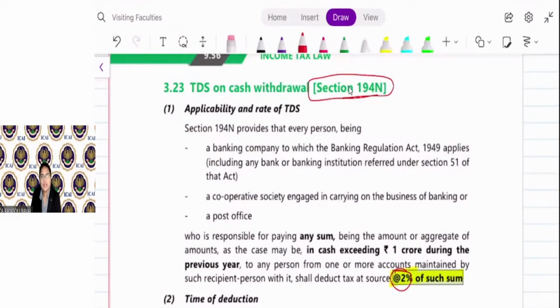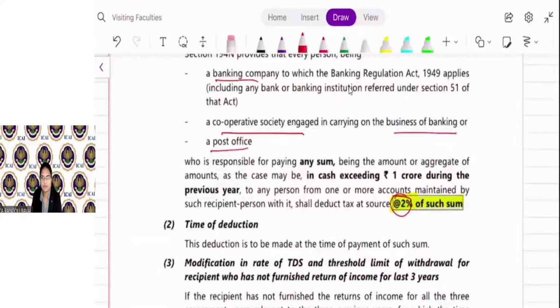Section 194N provides that every person being, here the payer is a banking company, cooperative society engaged in the business of banking, or post office, who is responsible for paying any sum, being the amount or aggregate amount as the case may be in cash, exceeding 1 crore during the previous year, to any person from one or more accounts maintained by such recipient person with it.